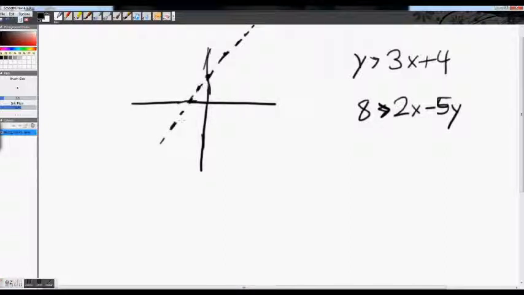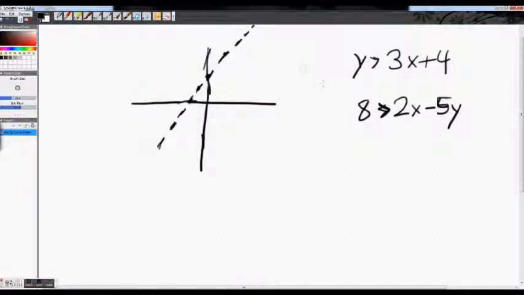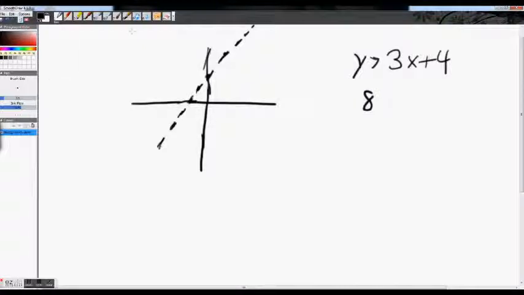Now, let's go ahead and draw the other line, except let's use a different color. So let's change the color for this. 8 is greater than 2x plus 5y. Let's make this blue.